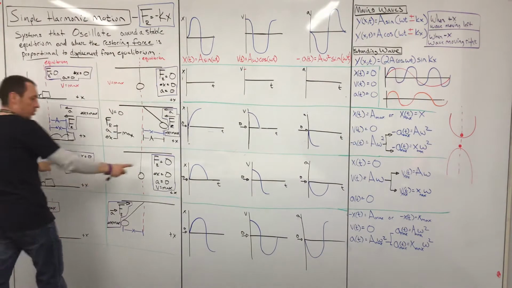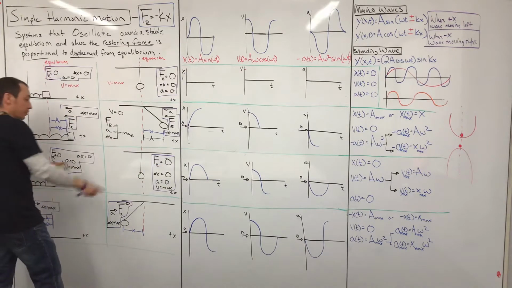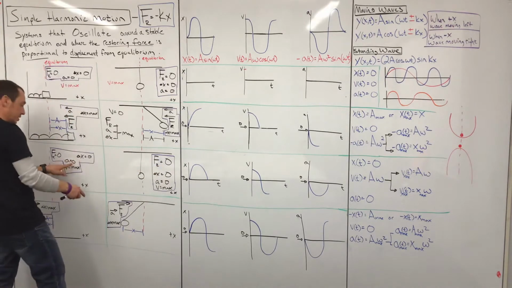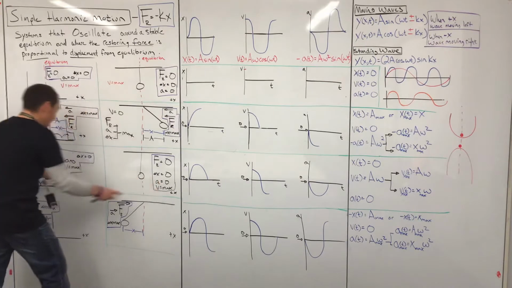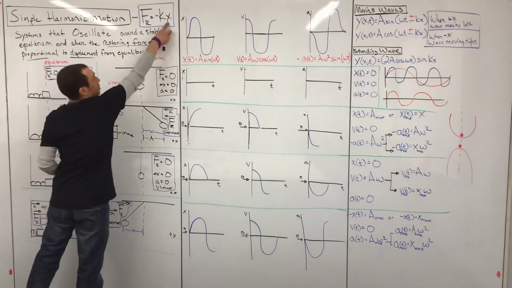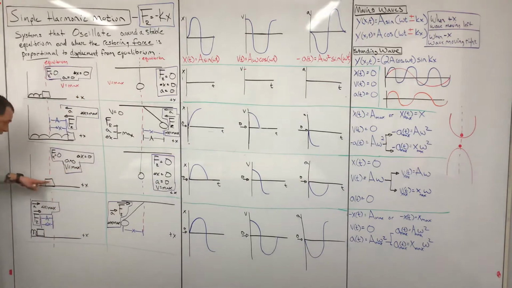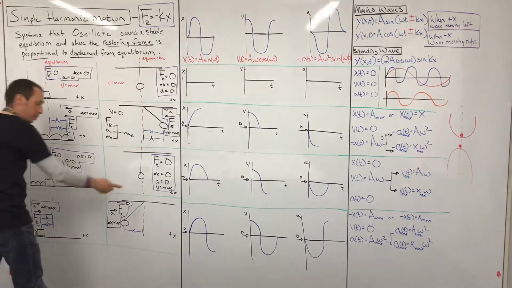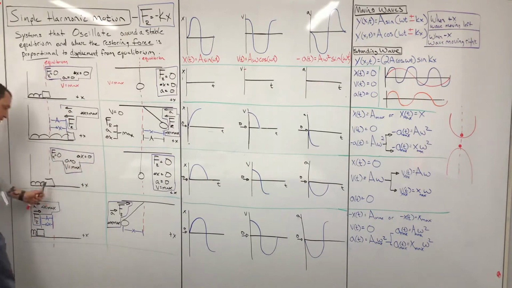That's where the restoring force will be 0, which means the acceleration will be 0, and displacement will also be 0. But when the box gets back to that point, it will be at its max velocity. Remember, every time that box reaches its equilibrium point in oscillation, it will be at its max velocity, and that's true for a pendulum or a spring-mass system.